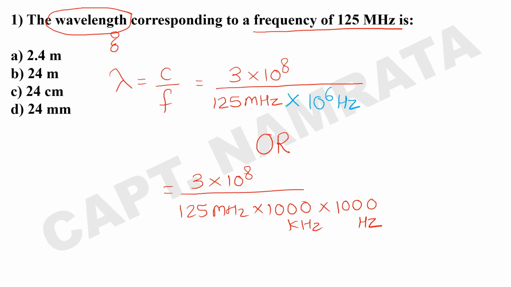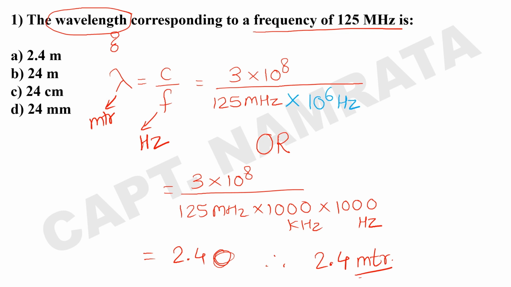If you insert this value in the calculator, you will get the answer as 2.4. Now how do we decide the unit for this value? As mentioned earlier, if you take frequency in hertz, wavelength by default will come in meters. In both cases, we have converted the frequency to hertz. That is why we can say the final unit will be meters.